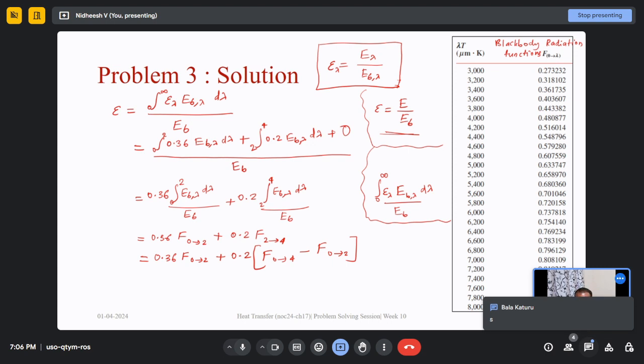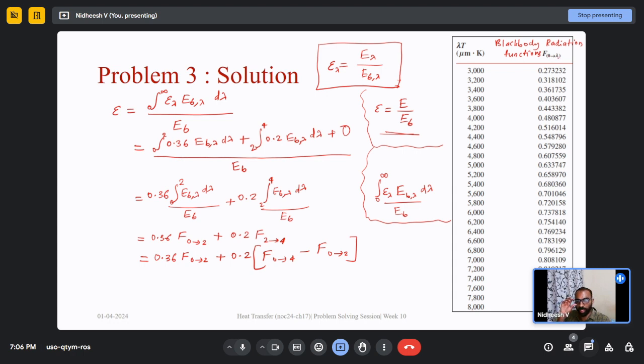Yes. So now we have to find out this F02 and F04. If we find out this F02 and F04, we can directly substitute that in this and get the total emissivity. Now, how to calculate F02? Let's go to this table. We have been given F02 lambda.